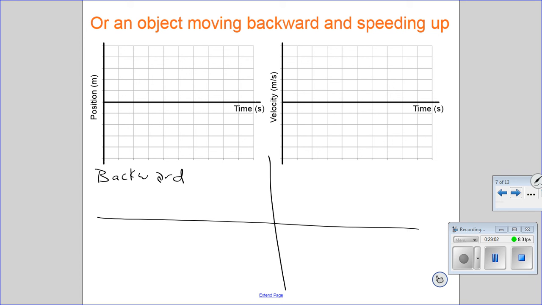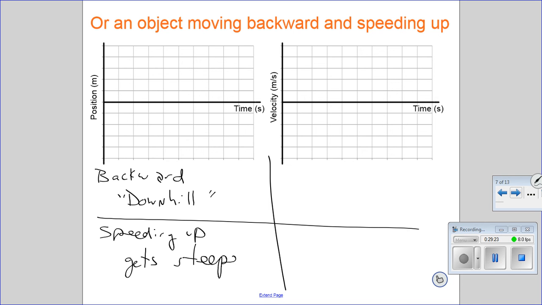It's got to slope downhill, right? And speeding up means it's got to get steeper, right? So I need to go downhill and get steeper.